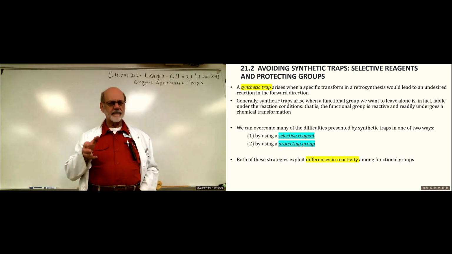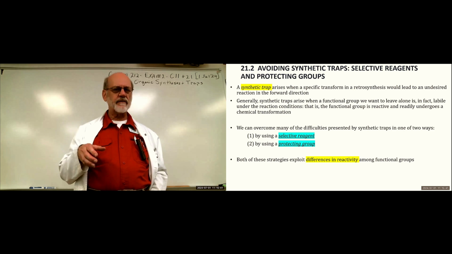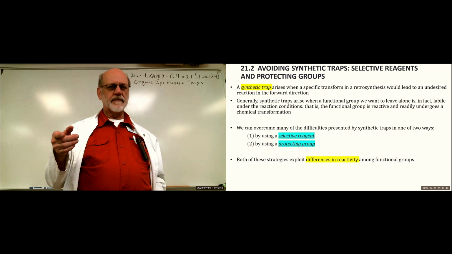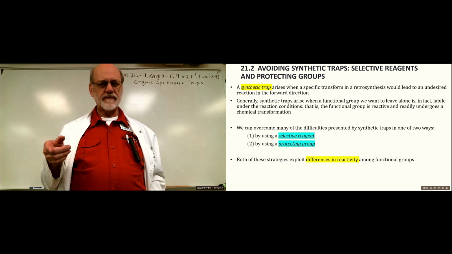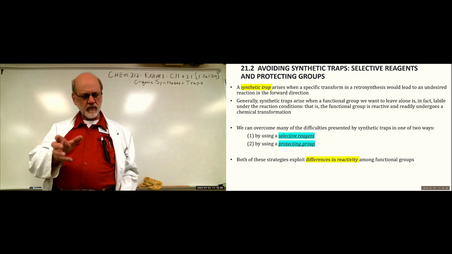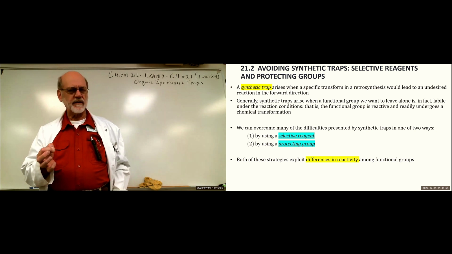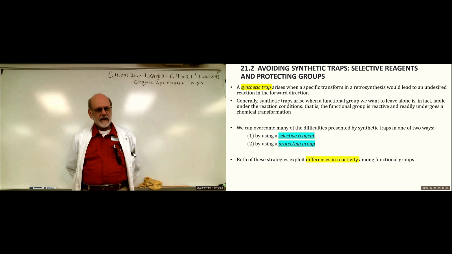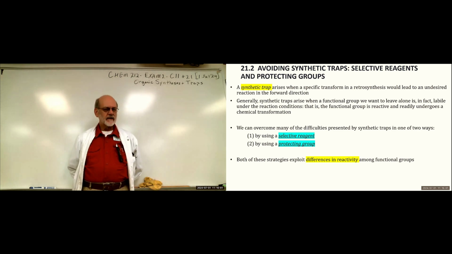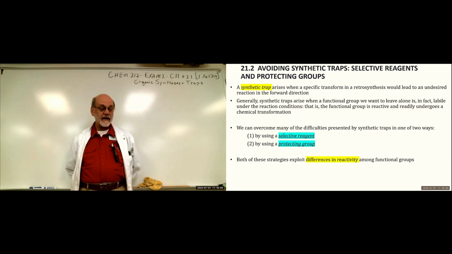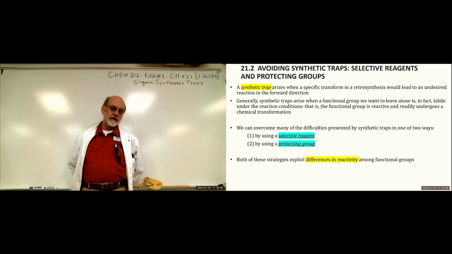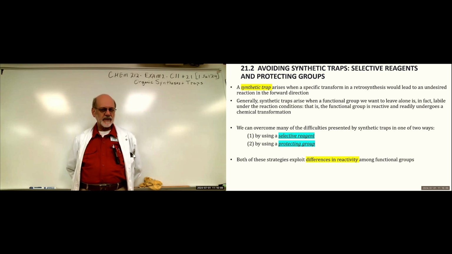When we get to a situation where we have the synthetic trap, the trap is based upon functional groups, and we want to react near one functional group or at a functional group versus another one. You have 2 possibilities to avoid this trap, and one is select your reagent correctly, and the other is to use a protecting group.